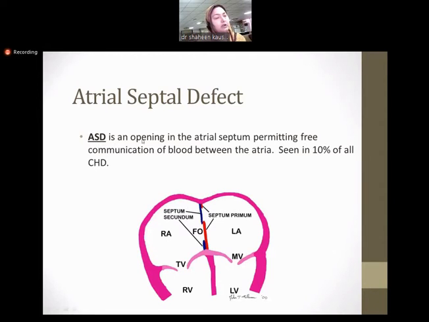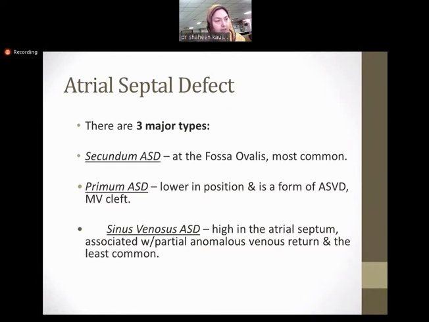It is the opening in the atrial septum permitting free communication of the blood between the atria, and it constitutes about 10% of all congenital heart disorders. It could be septum secundum, at the fossa ovalis, and it is the most common atrial septal defect.